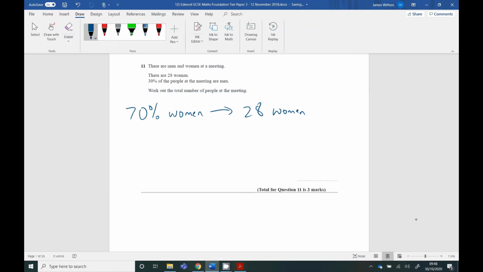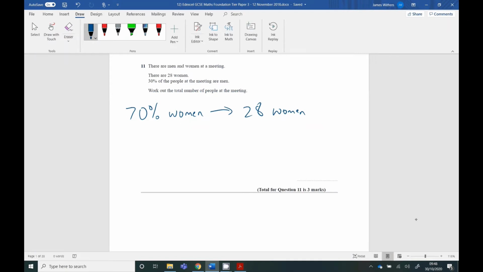Now 70% are women. Obviously the other 30% are men, as we're told in the question, so we need to be able to work out what 30% is. So I think the simplest thing to do, if this is what 70% is, then you just need to change it to either 1% or 10%, just something to allow you to work out what the other 30% was.